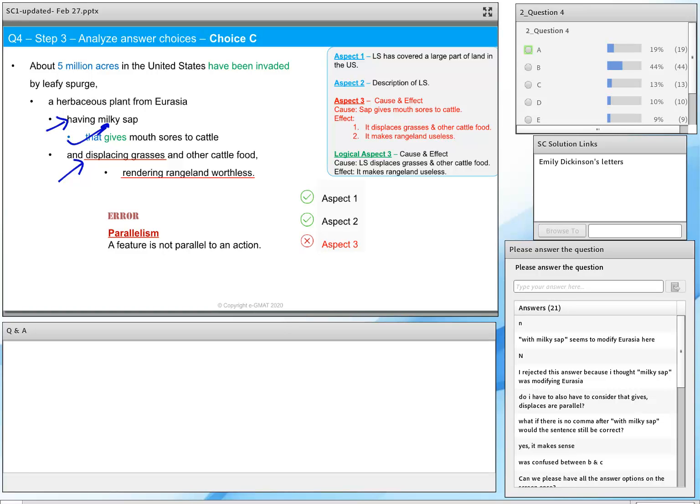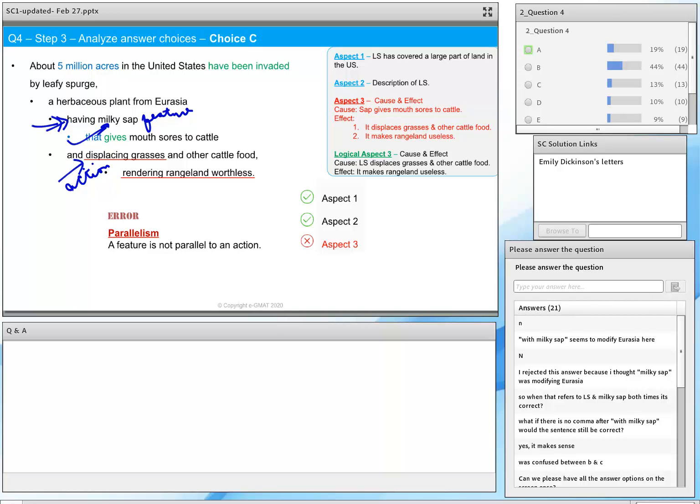Wrong, because parallelism requires logical parallelism as well. Only grammatical parallelism is not enough for a list to be correct. So this list that we see here looks identical grammatically, but logically it is not, because this one presents the feature of the herbaceous plant, but the second, displacing, presents the action done by the herbaceous plant or leafy spurge, LS.